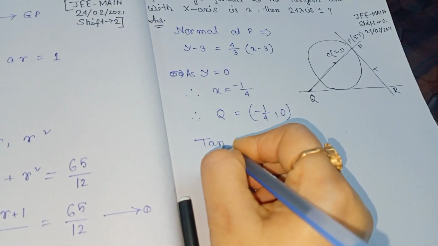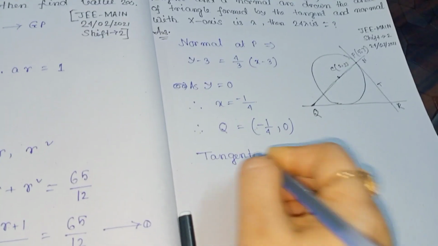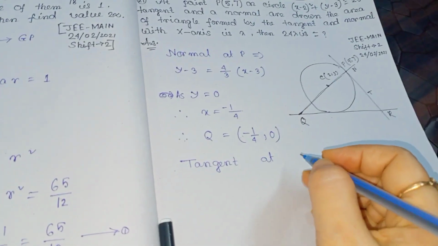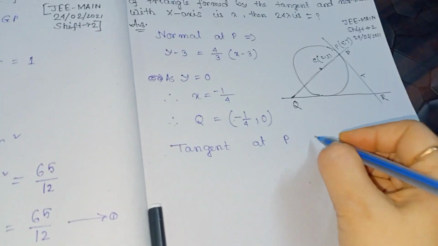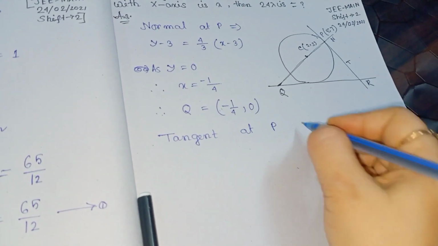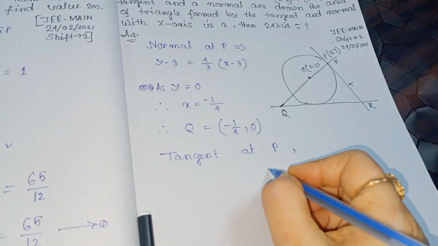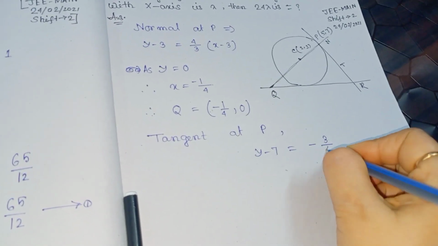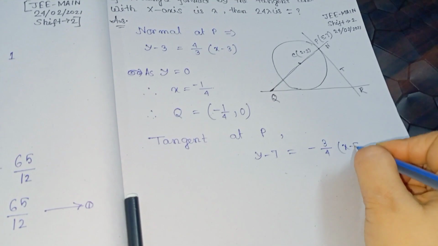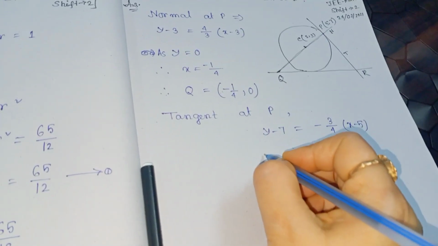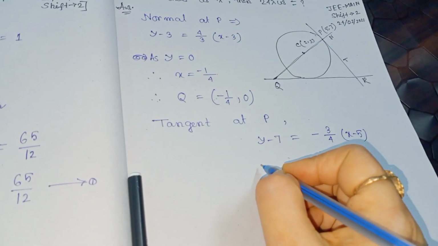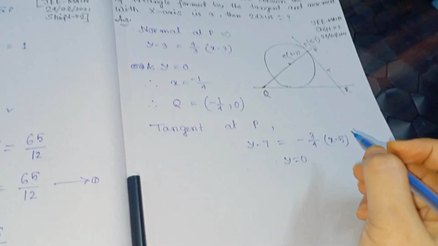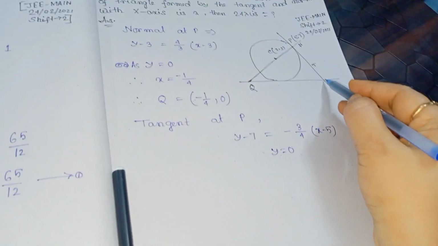Now the tangent at the point P. What is the tangent at the point P? y minus 7 is equal to minus 3 by 4 into (x minus 5). Here y is equal to 0 also, as it touches the x-axis.